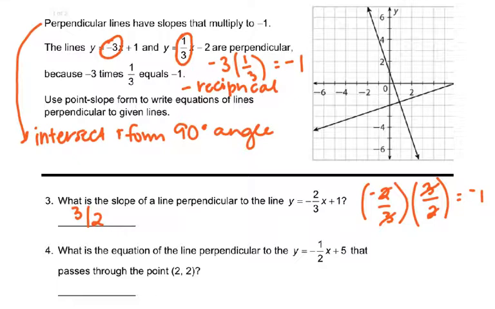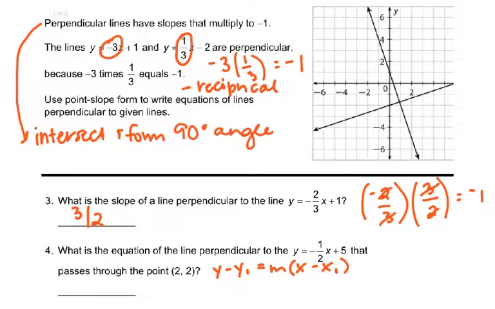So now let's think, what is the equation of a line perpendicular to the line y equals -1/2 x plus 5 that passes through the point 2, 2? So let's do the same thing we did with parallel lines. Well, first off, what is our equation using point slope form? Well, we have y minus y1 equals the slope times x minus x1.